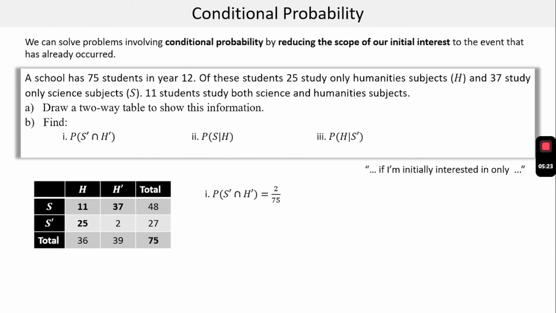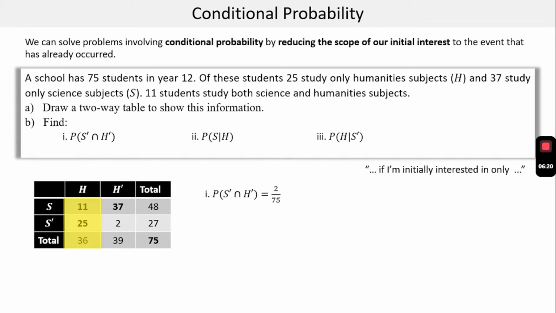The next question has that given symbol, that vertical bar. That's how we know that this is a conditional probability question. We need to find the probability that somebody studies a science subject given that they study a humanities subject. So I'm going to reduce my initial interest just down to the students who study humanities subjects. The highlighted yellow portion is all I'm interested in.